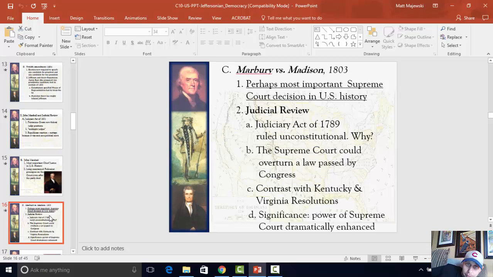What Marshall rules is, hey, only Congress has the right to determine when new judgeships are created. And so the Judiciary Act of 1789 is declared unconstitutional by Marshall's court, and therefore the Judiciary Act of 1801 is unconstitutional, since that had been based on the Judiciary Act of 1789.